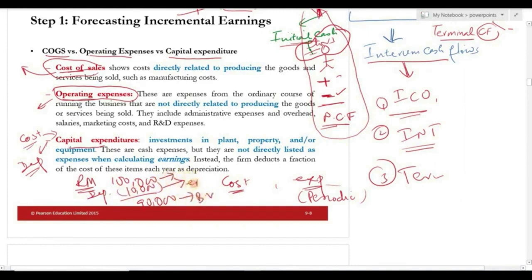So this is the expense and this is the cost: initial cost, expense, and then book value. Book value means the residual value, which is equal to cost minus accumulated depreciation. How much is left is called the book value.